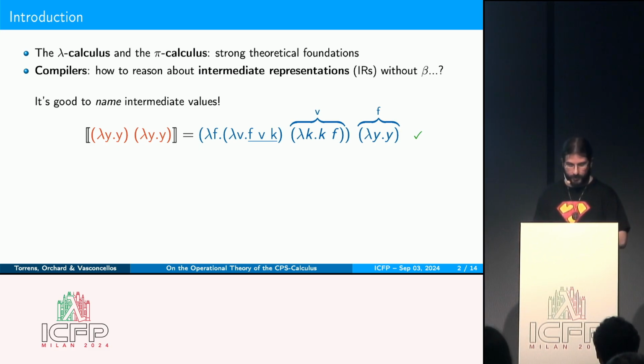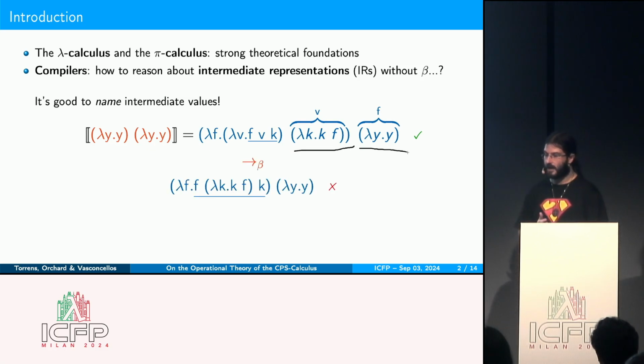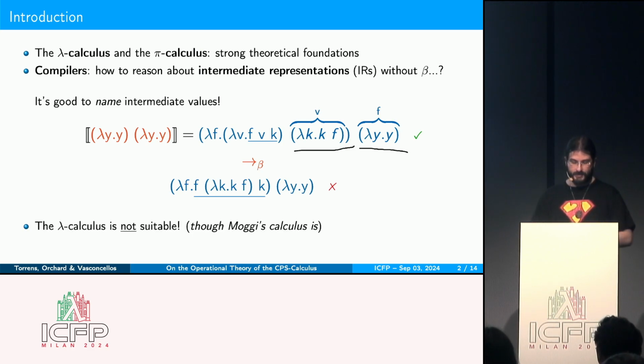So for example here, we are referring to this first term as V, and we're referring to this second term as F. But if we try to perform a beta reduction, V loses its name, and this is very bad for analysis. It's not easy to do this kind of thing, and the lambda calculus is actually not a suitable tool for this work. Although Moggi's computational lambda calculus is, but we talk a little bit more about this in the paper.